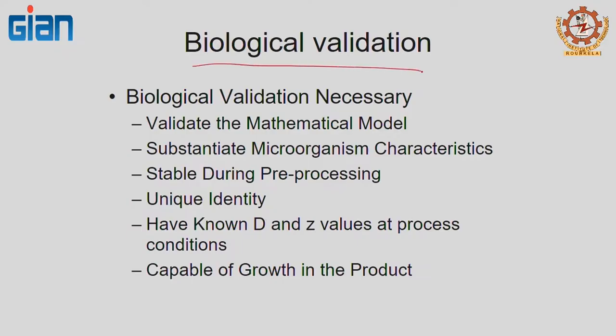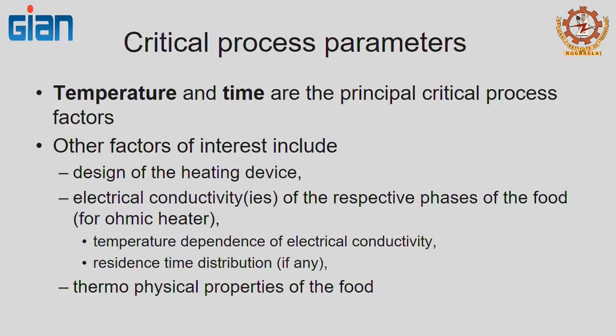In other words, they expect actual microorganisms to demonstrate the safety, and it has to be something relevant. Commonly Clostridium sporogenes is used because it has very similar characteristics to Clostridium botulinum, it also has known D and Z values, and it can grow and spoil or cause an outbreak in the product.